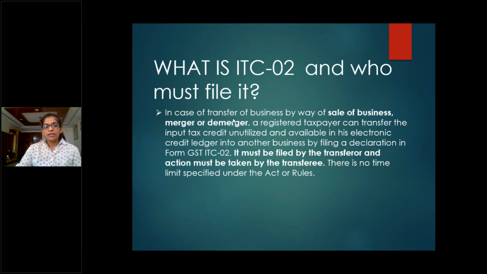In case of transfer of business by way of sale, either through merger or demerger, a registered taxpayer can transfer the ITC available with him to the new firm. It must be filed by the transferor and action must be taken by the transferee. That is the only difference when you file ITC 02 as compared to ITC 01.